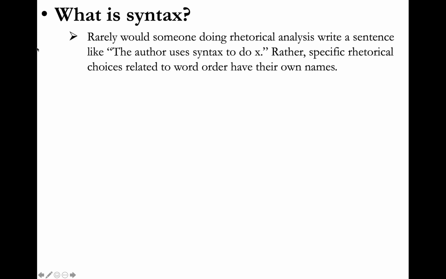With the metaphor, it's valid, but for syntax, that's not really how it works. Instead, you have specific rhetorical choices or decisions that an author is making about what they want to do in order to be convincing, that are related to the ordering of words, and all of those rhetorical choices have their own names. I'll give you a few examples here.